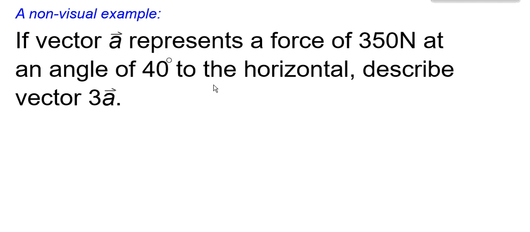And here's an example without drawing an arrow. So if we have a vector A and it represents a force of 350 newtons, and that force is acting at an angle of 40 degrees to the horizontal, we need to describe vector 3A. So again, all that 3A means is that we're going to be changing the magnitude, but not the direction. So the magnitude of the original vector is 350.